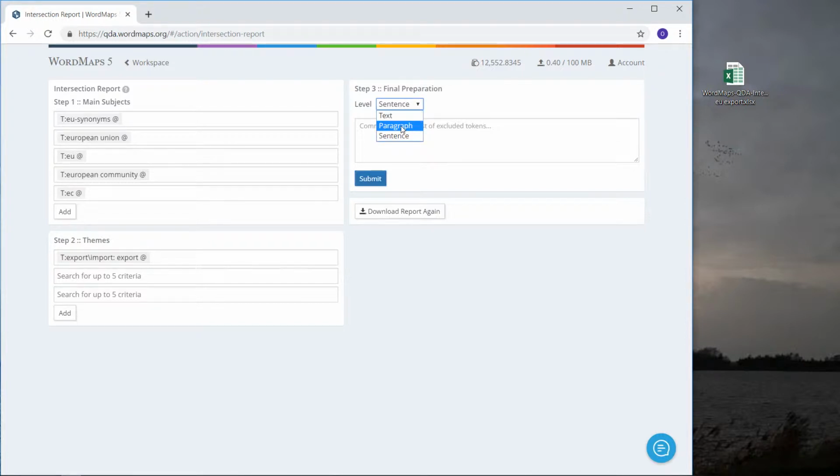We could also go a little bit wider and check for occurrences inside a paragraph or the whole text, but we're going to go for sentences. And I can submit my analysis, but actually I already did run the analysis and I have my spreadsheet over here containing the results. So let's open this spreadsheet.